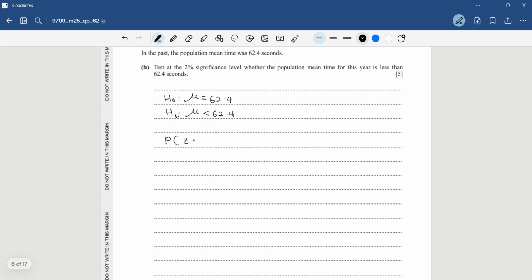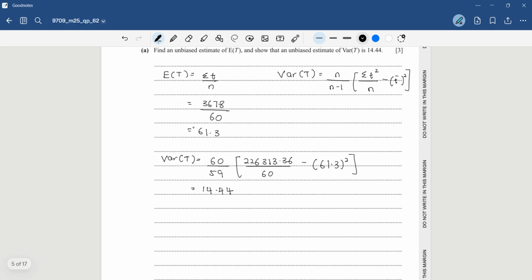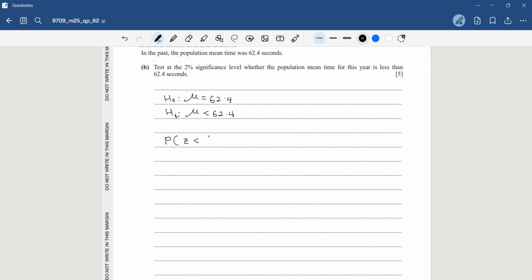Now we go for the probability. The z score: just now we got the sample mean, which is 61.3, so it's going to be the sample mean minus the population mean over the square root of the variance over n. So this is the formula.